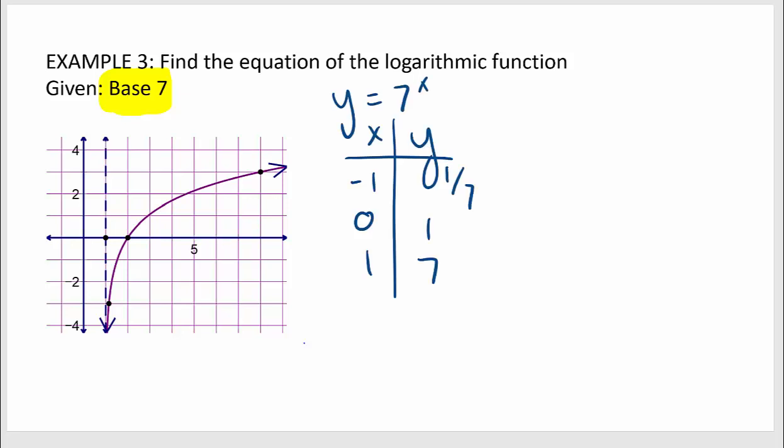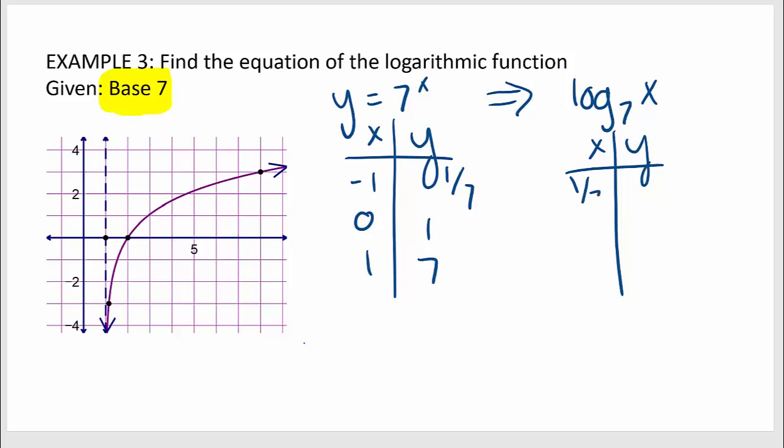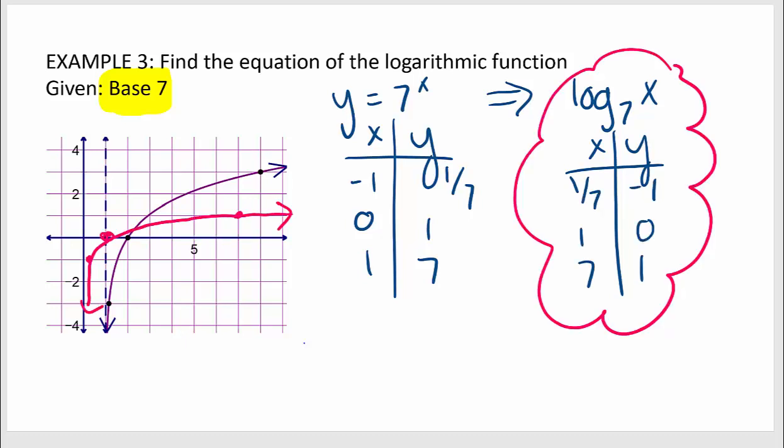So we start with the table of values for the parent function of the exponential, and then we change that into the logarithm base 7 of x, so that parent function for the logarithm, by switching the x and the y values. And by graphing the parent function, we can see how the coordinates have changed between the parent function of the logarithm and our new transformed function of the logarithm.